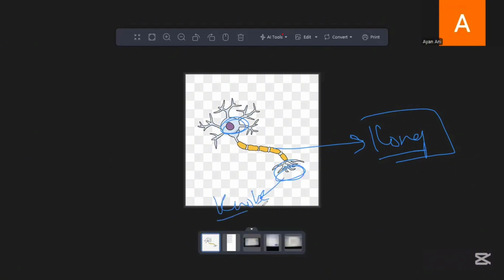It contains various knob-like structures. Here it is not shown, but it terminates in certain knobs. So the function of an axon fiber is transmission of nerve impulses from the cell body to the synaptic knobs, which transmit the nerve impulse to the next neurons.